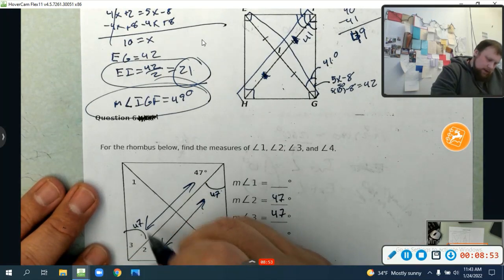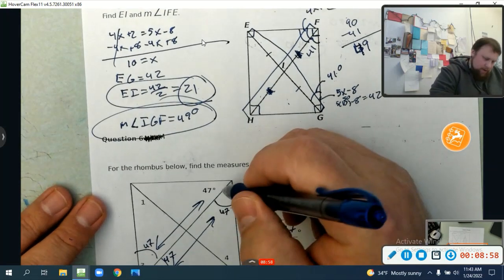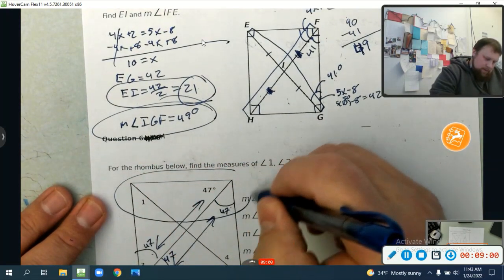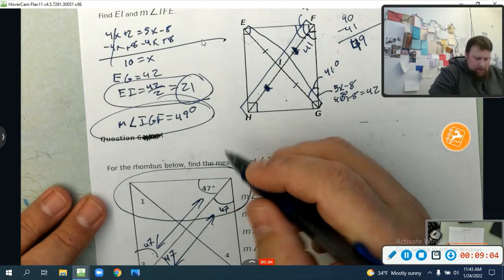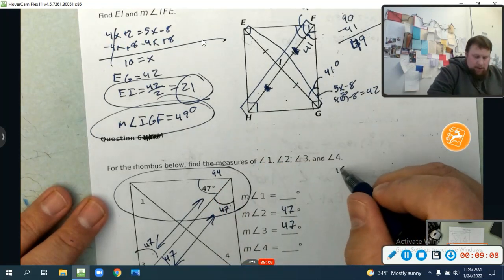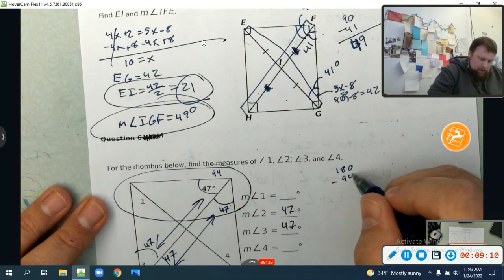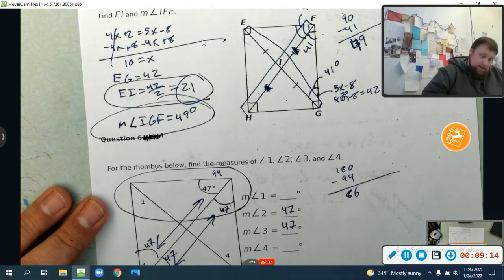And I also know if these are going to add up, right, to 180. So 47 plus 47 is what, 94? 180 minus 94 would be 86.